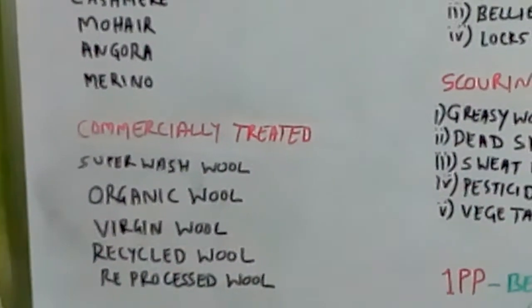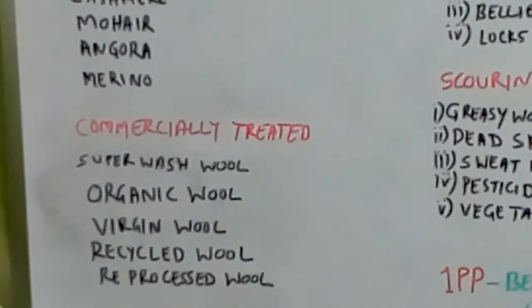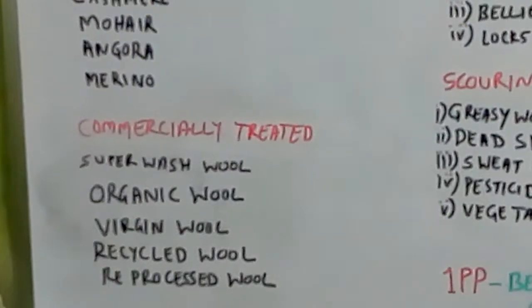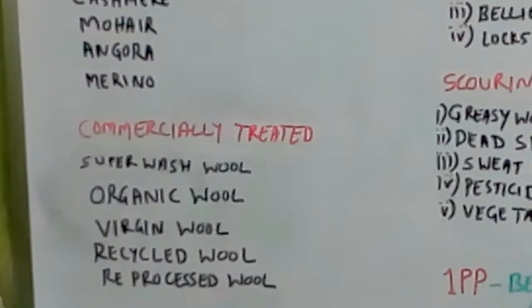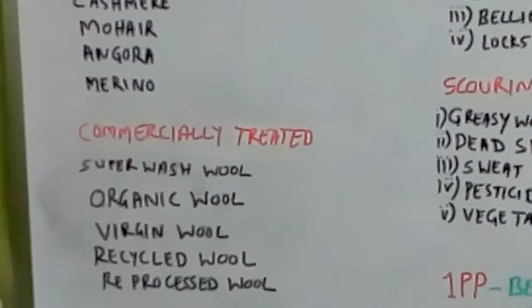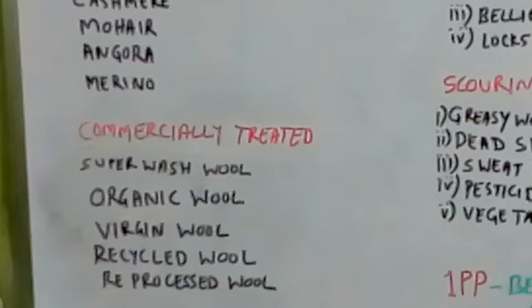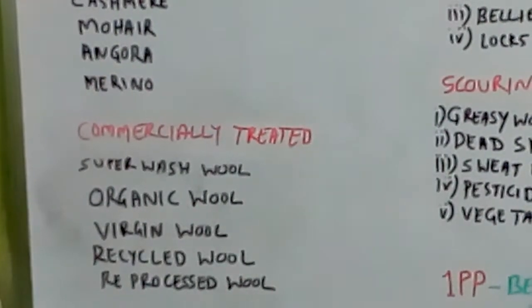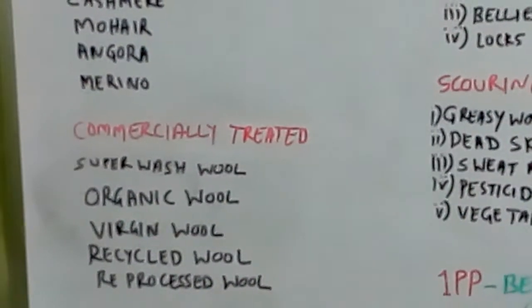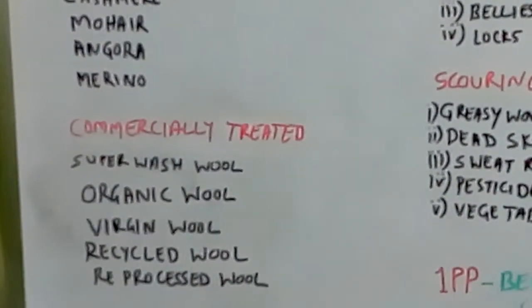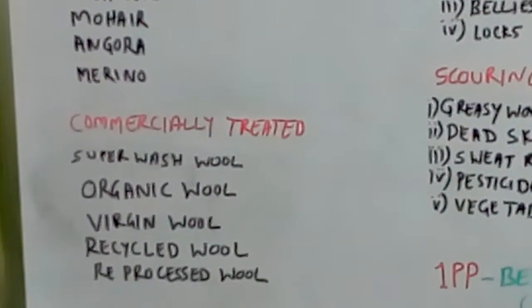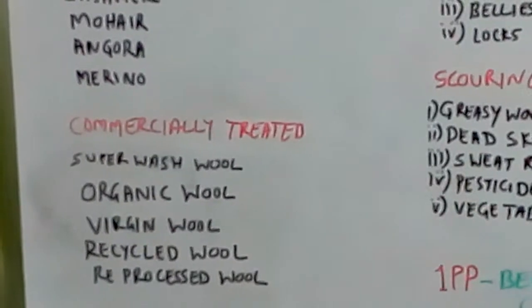Around the 1960s, to improve wool production efficiency, some washes were invented for raw wool. In that research, they found superwash wool.